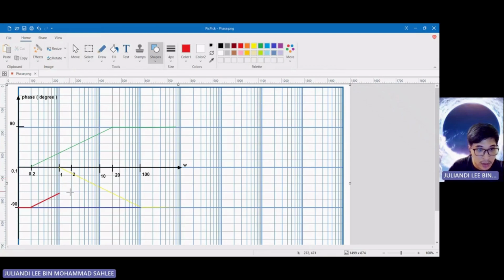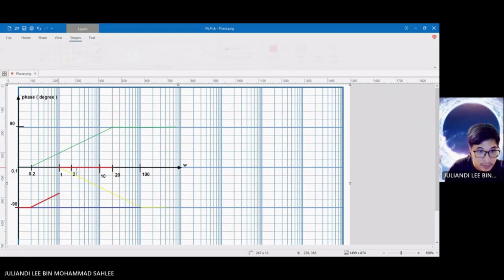And from here, since it is plus 90 and this minus 90, it will continue a straight line until this 20 decade. So we just draw it from here until 1.